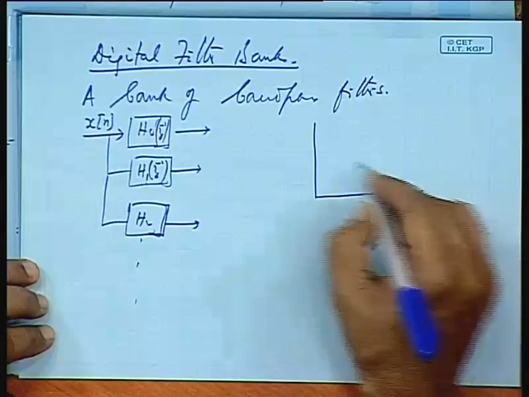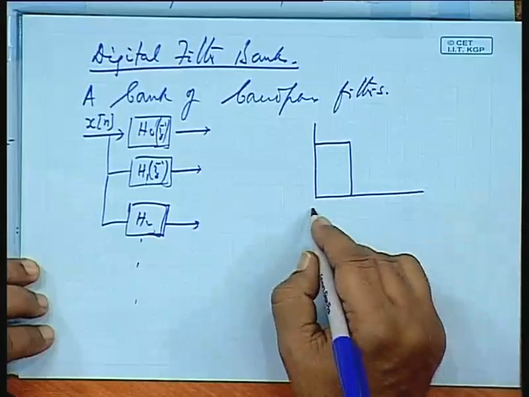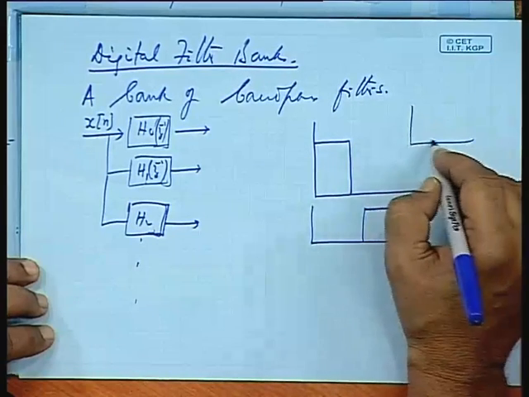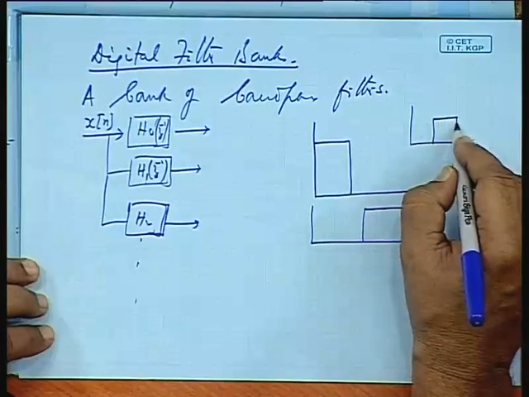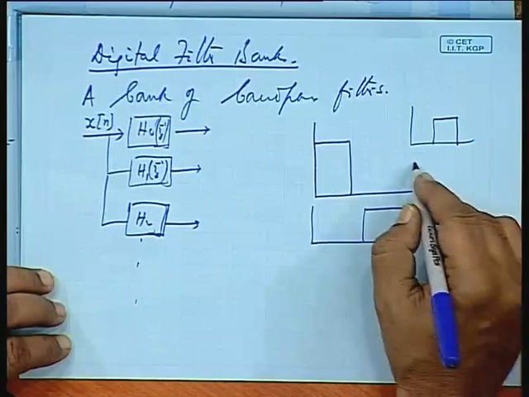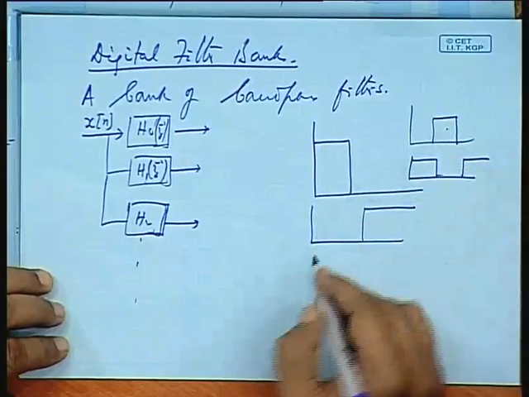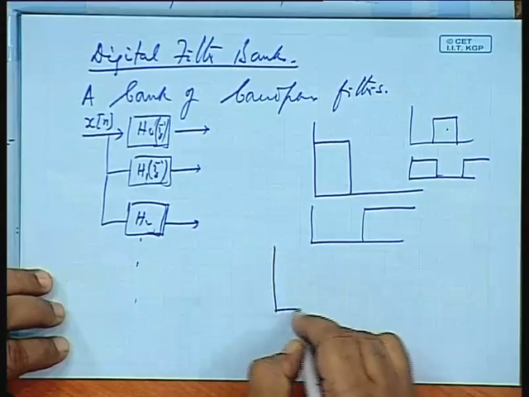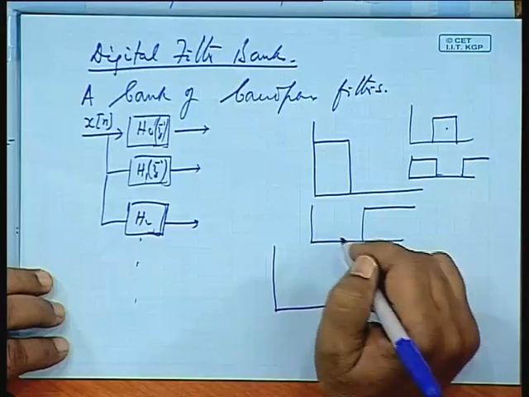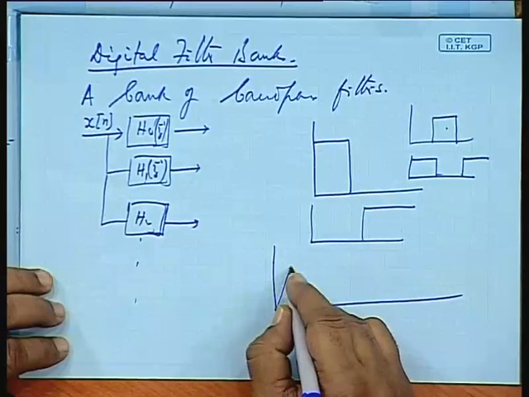So, for example, we normally talk about a low pass filter like this, or a high pass filter like this, or a band pass filter like this, or a band gap like this. Now, instead of this kind of rectangular brick wall characteristic, suppose we have a filter like this.